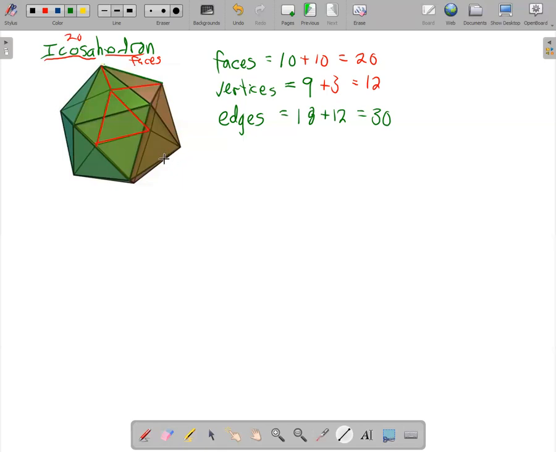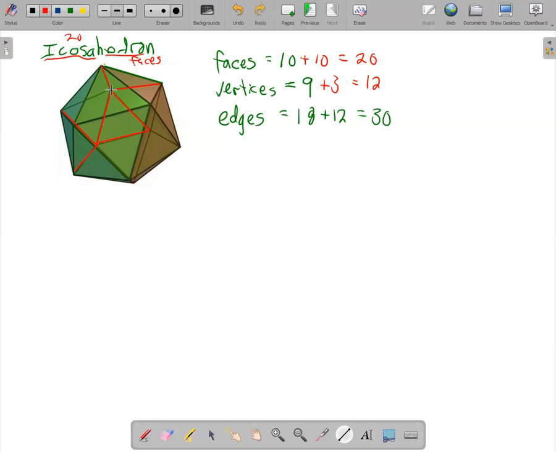Similarly, there's an edge in the background right here, and another one hiding under here. And those 2 edges meet over here on a visible one.